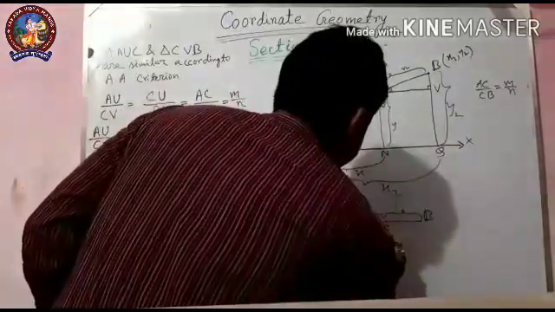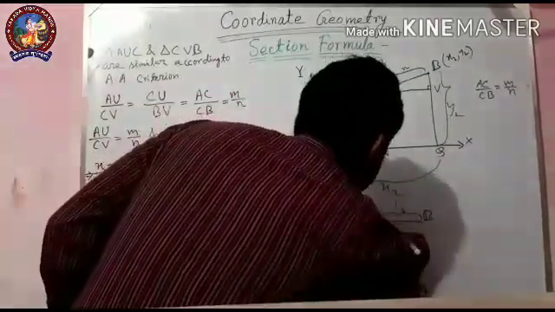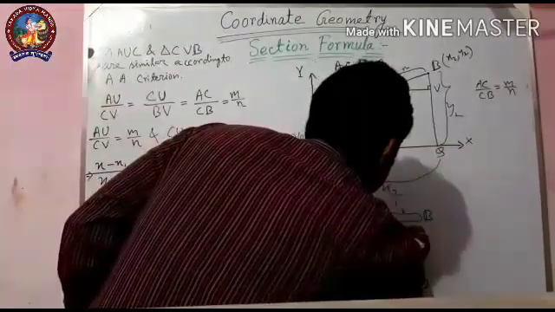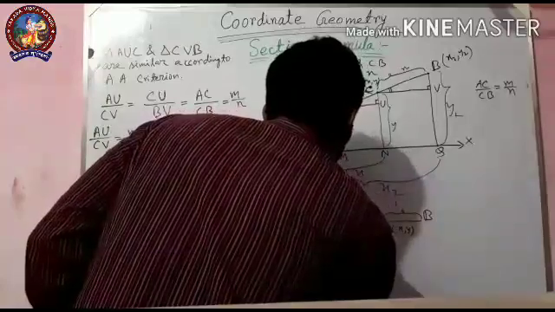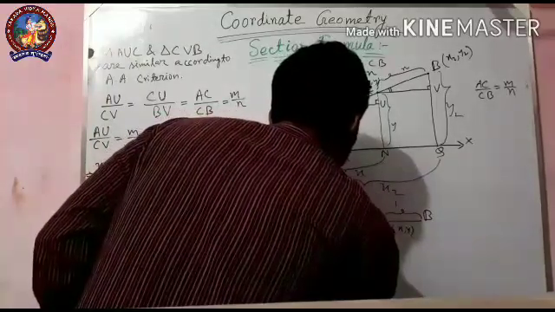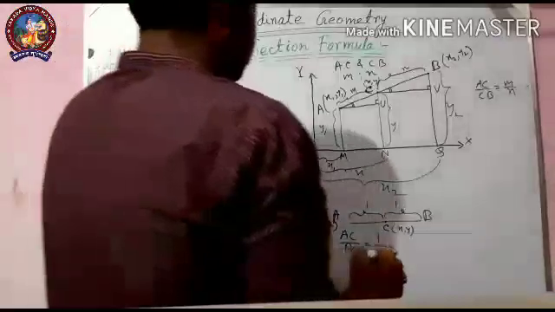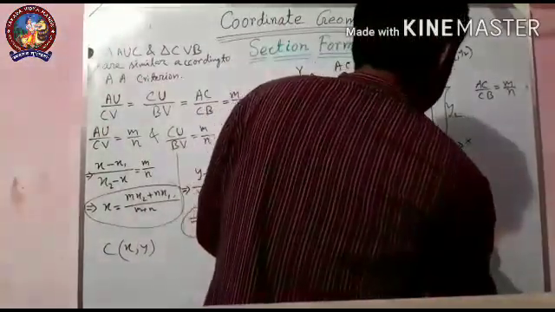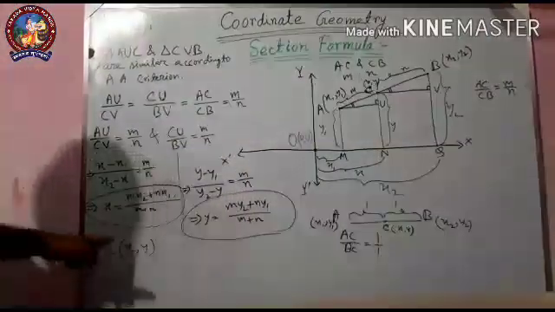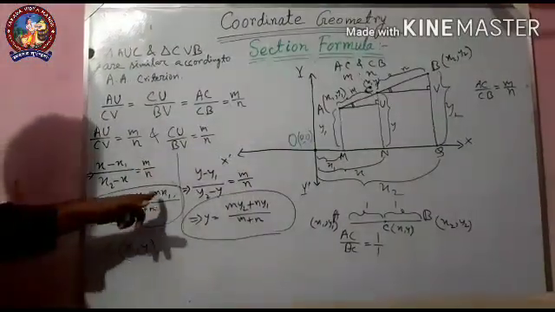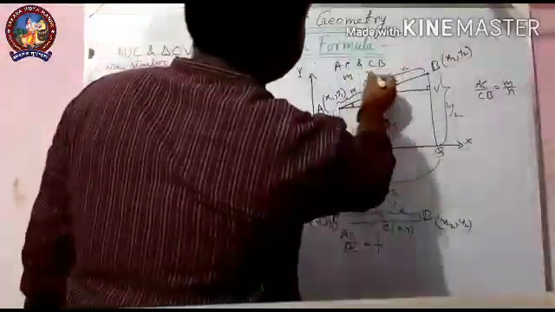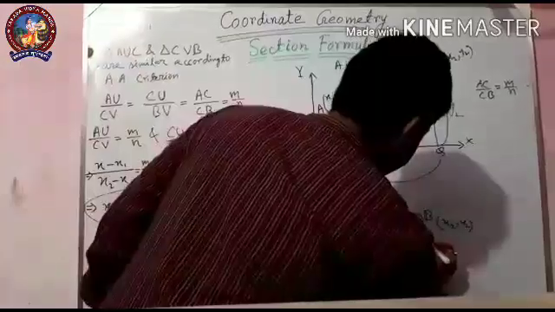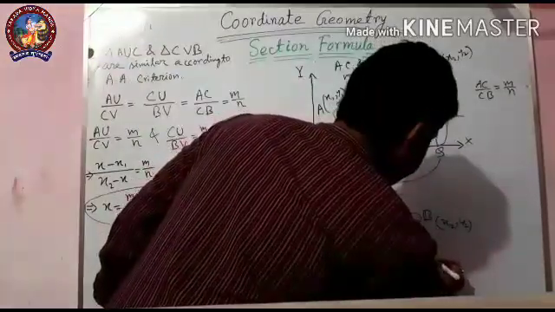So the formula for the coordinate of the point C will be, here I am writing the coordinates of A, that is (x1, y1), and B (x2, y2). Then we just have to put the value of m and n as 1. Since here the ratio was m:n, here the ratio is 1:1 in place of m:n.